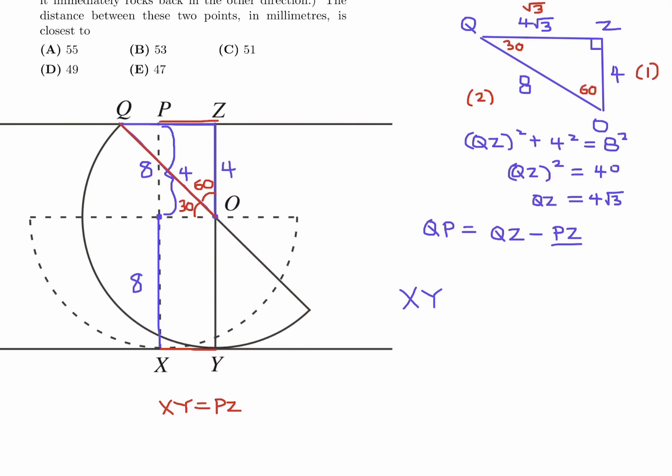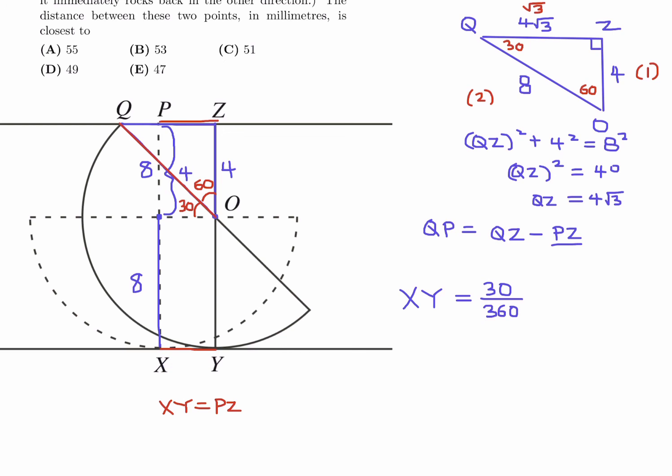Well, XY, as I previously mentioned, is calculated by the fact that this semicircle tilts 30 degrees. So 30 degrees divided by 360, which is the full way around, is the fraction of the circumference that travels from x to y.